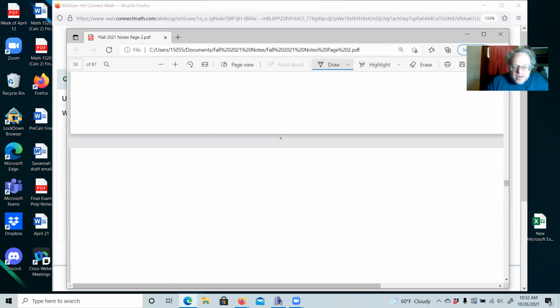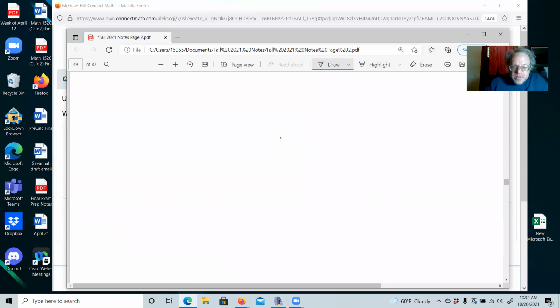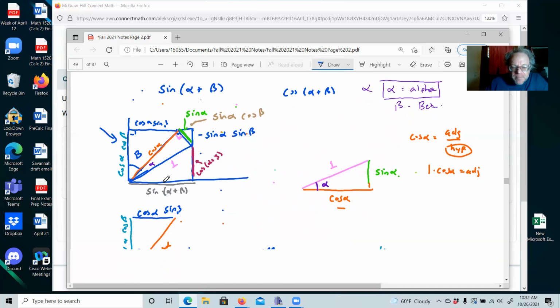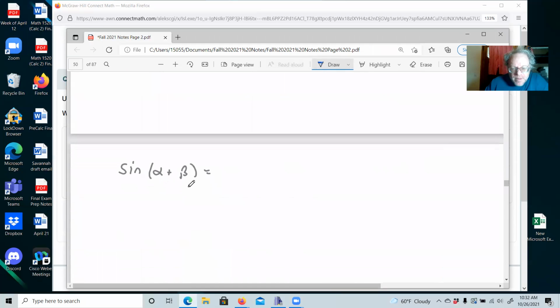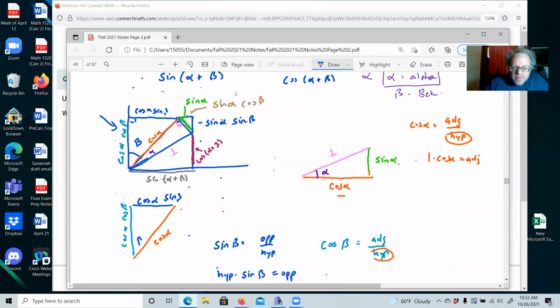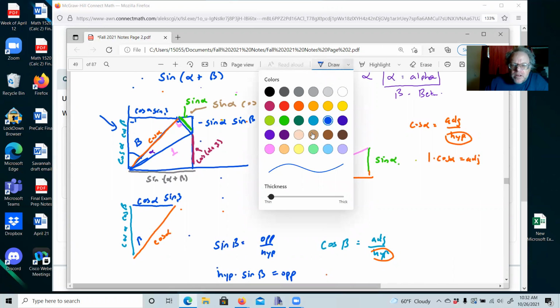Okay, so we're going to say that the sine of alpha plus beta is equal to, okay, we have a cosine alpha sine beta plus, okay, and then we have this round color here.